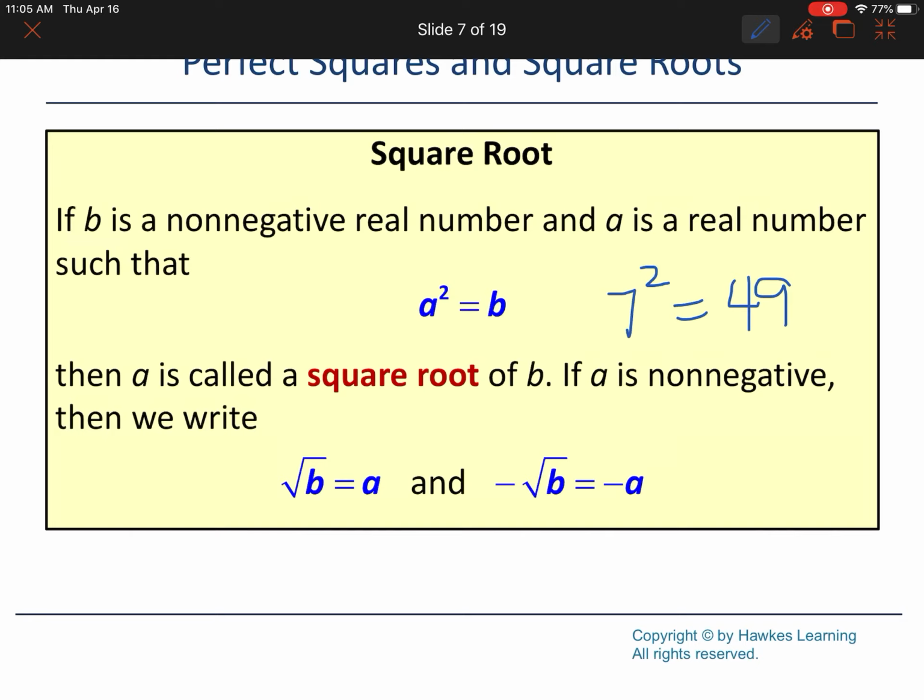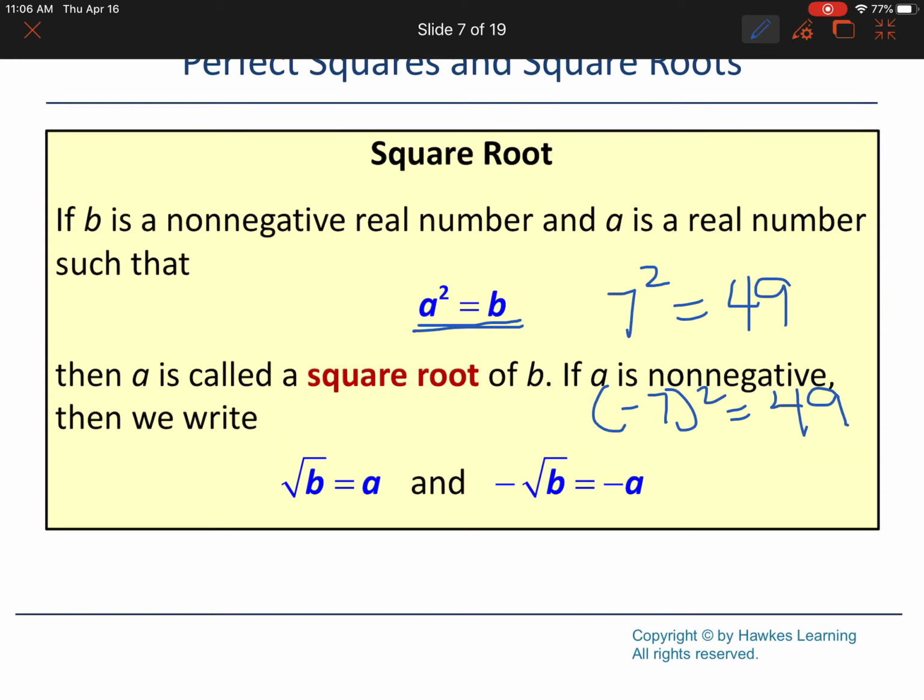But there's two numbers that might possibly be squared to give us 49, right? If I did negative 7 squared, that would also equal positive 49, because it's a negative times a negative. And so if we look at it this way, there's two possibilities for what A could be. It could be 7, or it could be negative 7 equaling 49.